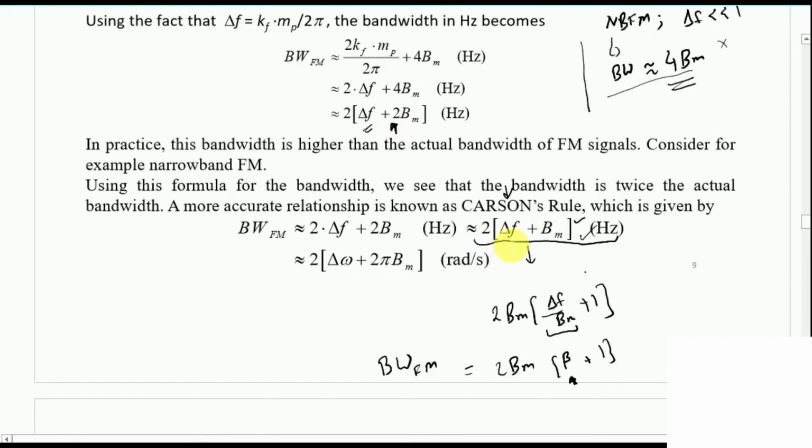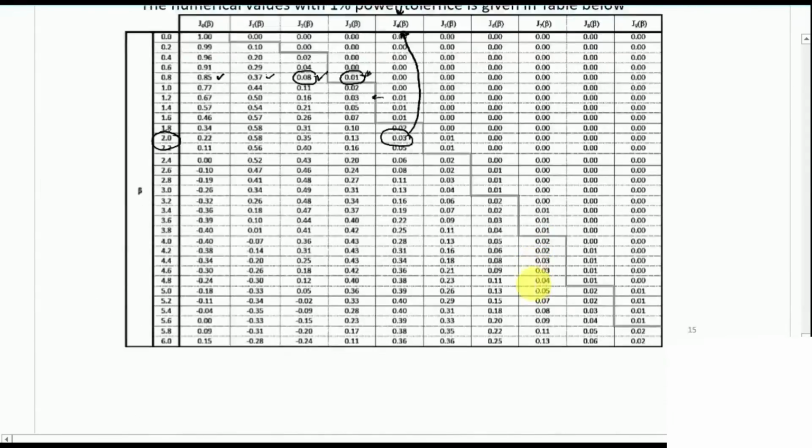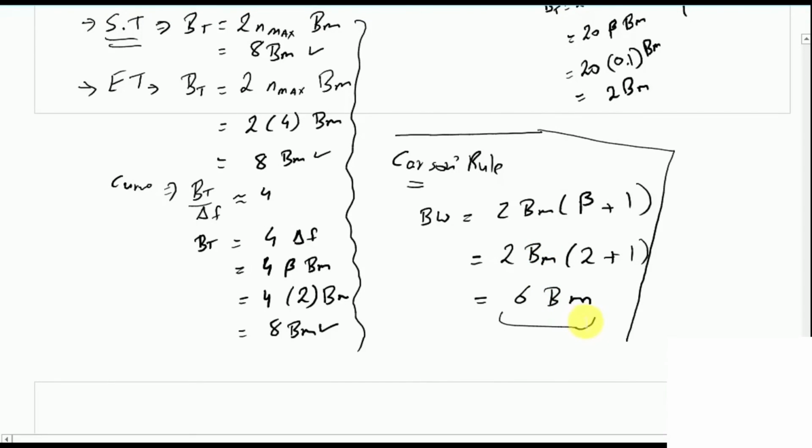So he got 2 times delta f plus bm. So in getting rid of this 2, he is actually underestimating it. This was overestimating by a very large extent. This is underestimating to a small extent, right? So that is why in our recent result of Carson we have some sort of an underestimation of 6 bm, which is less than.